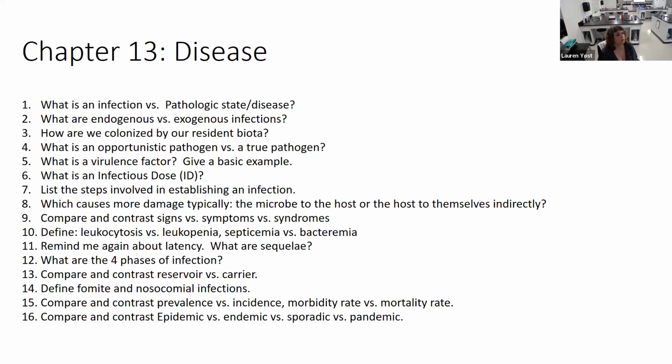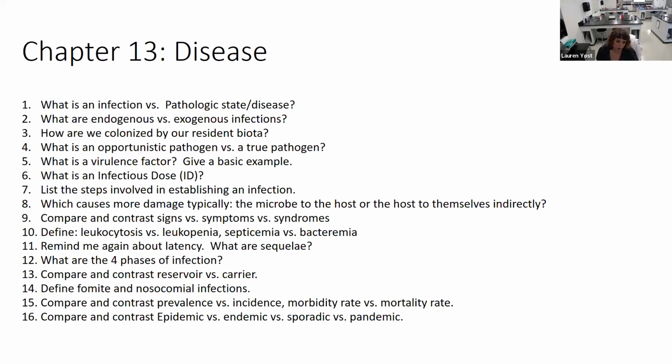And then a carrier is somebody who has gotten the disease, maybe doesn't have any symptoms, and is carrying it from having been exposed, maybe even from a reservoir, and now carrying that into the population. So the carrier is not technically a reservoir for this disease. They are just a temporary, almost like a vehicle for the disease, right?